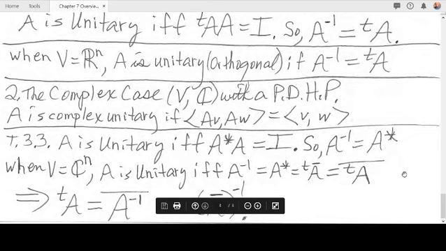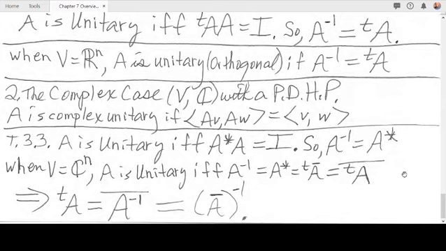The complex case, when we have V over the scalar field of complex numbers, with a positive definite Hermitian product, the definition of unitary is the same. A is complex unitary, which means the same thing as the real case: the scalar product of AV with AW equals the scalar product of V with W. And we have the corresponding theorem for the complex case.